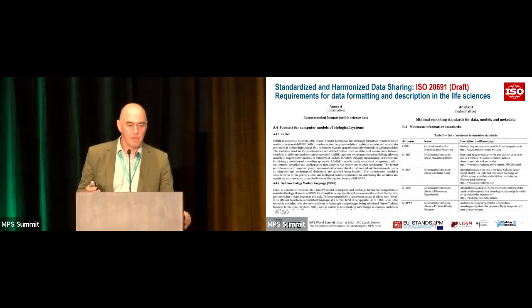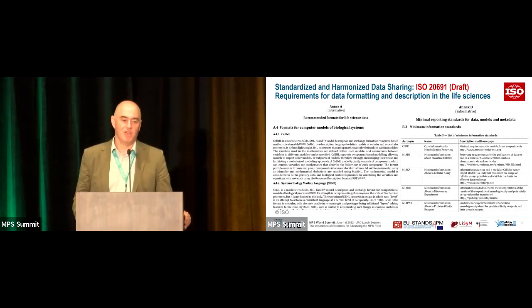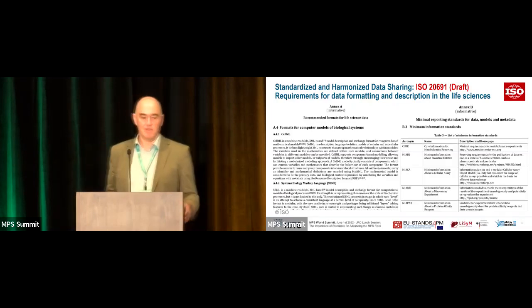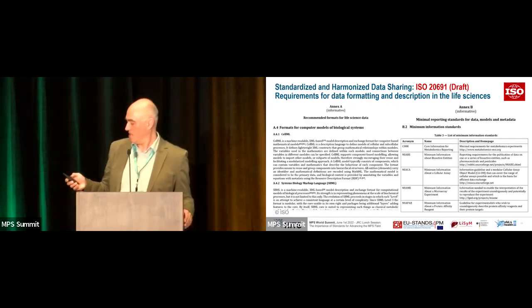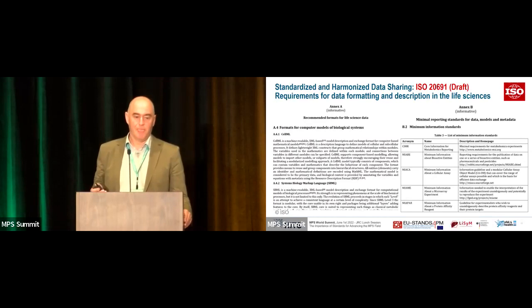And in the annex, as I mentioned, you have already 250 or more standards referenced here, formats like the SBML format that I mentioned in the beginning, or minimum information standards and terminologies.